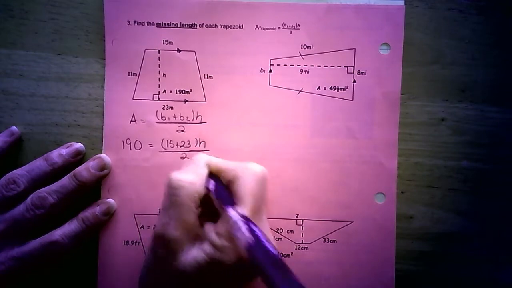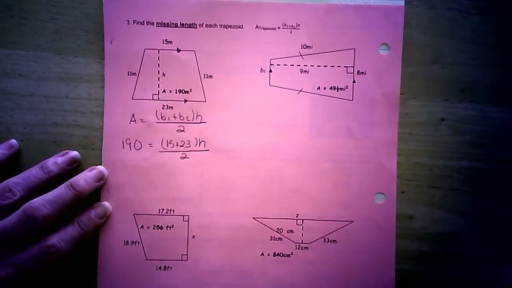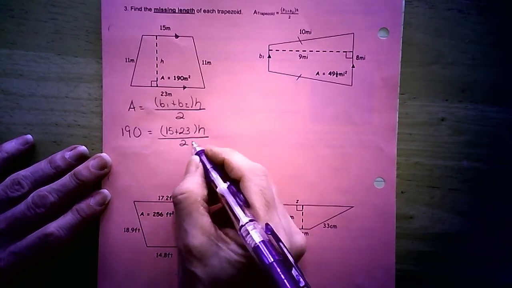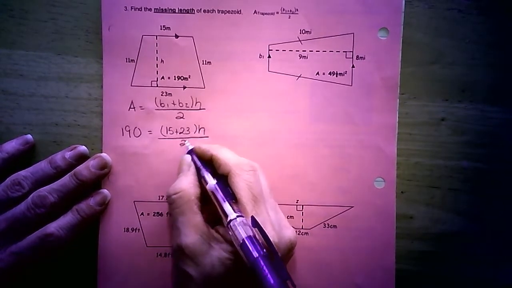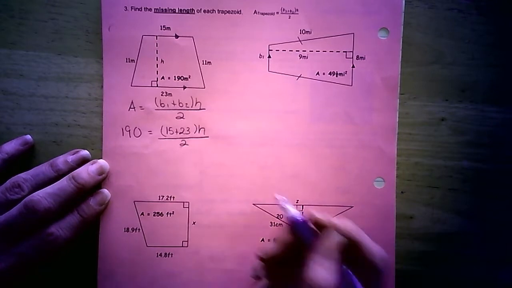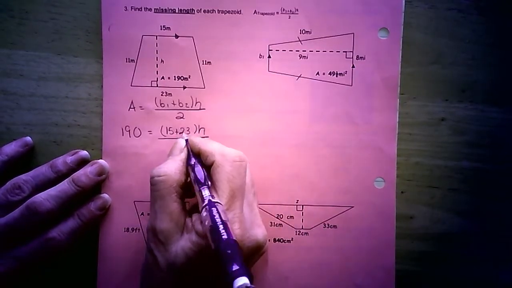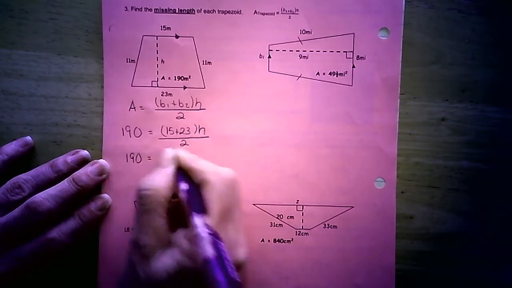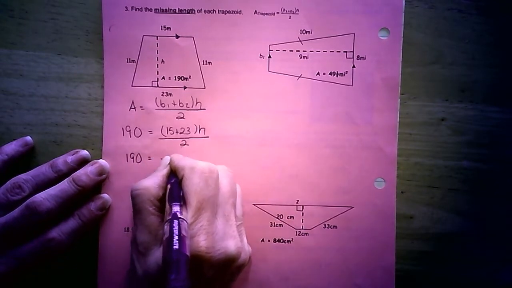divided by 2. All right, so now we're going to try to make this as easy as we can. I can't cancel H and 2 because we don't know the value for H. So I'm going to start off by doing my addition and seeing if I end up with an even number that's going to be friendly to divide by 2.